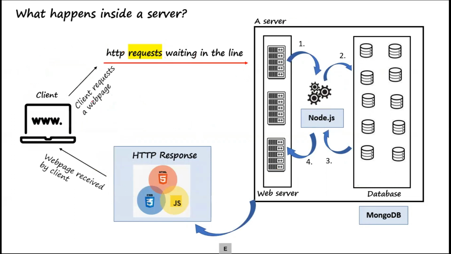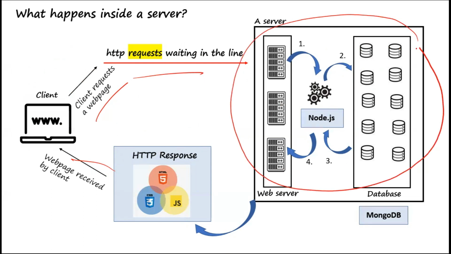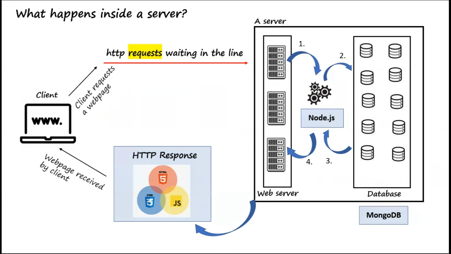We understood the part regarding the client sending the request and receiving the response. But what is this part doing for us? This is what this lecture was all about. It contains three parts. Very quickly, the web server checks if the request is HTTP or not. If it is HTTP, it provides the request to Node.js.